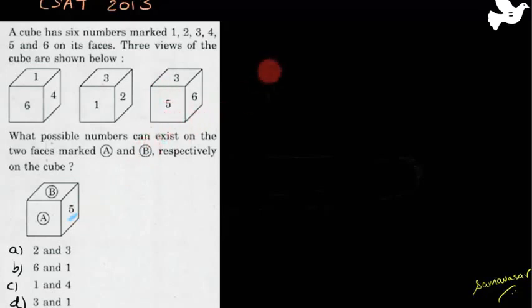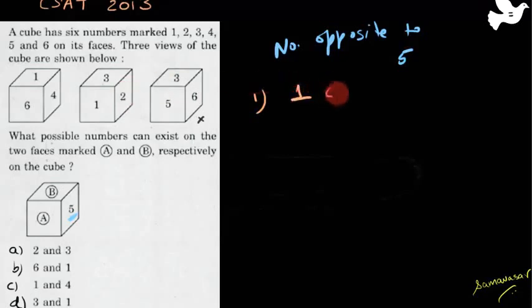Let me just try to find out the number opposite to 5. I don't take this because this has 5. I take the other two cubes. Now it satisfies my two conditions. The first condition was that it should have something common. 1 is the common number.